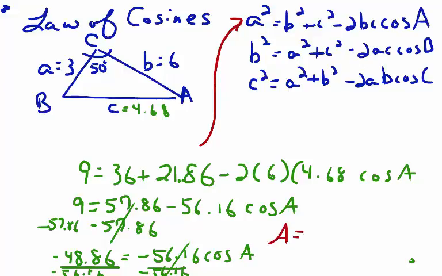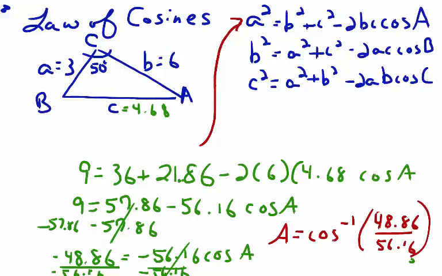Angle A equals cosine inverse of 48.86, sorry about that, divided by 56.16.